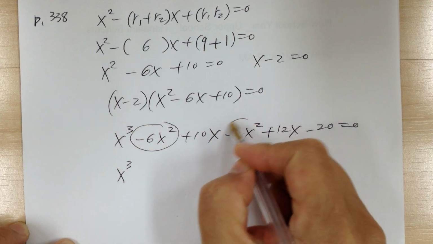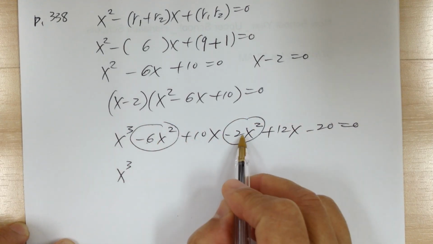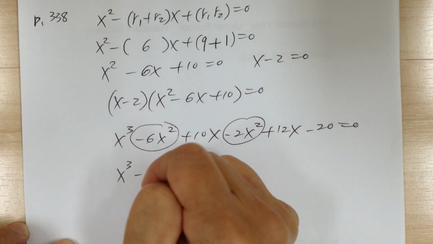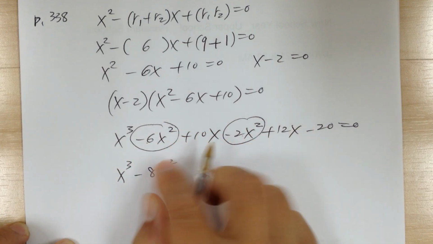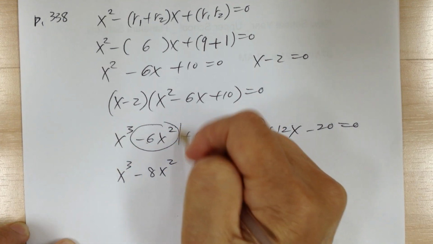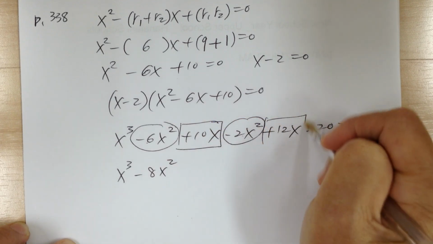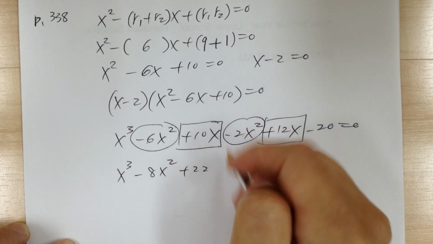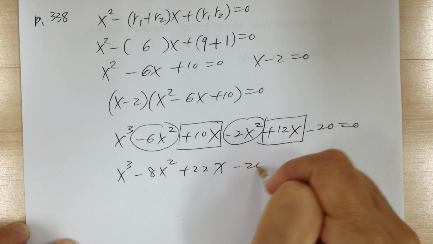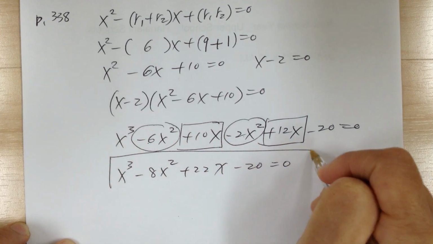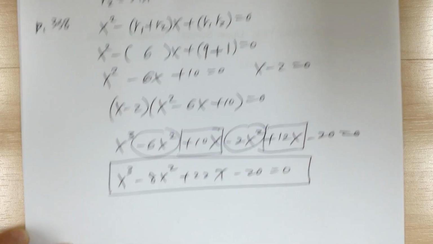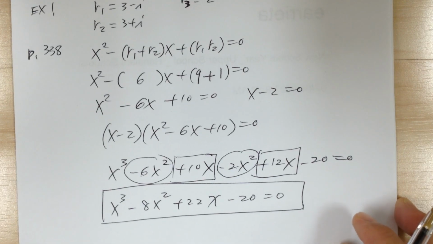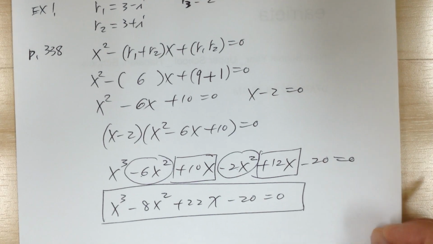I have a square term here: minus 6 and minus 2 will give you minus 8. Again, same sign, you add the numbers together. And then I have this one and this one, so it would be plus 22. Again, same sign, you add the numbers together. And that's it. Okay, let's go to example 2.